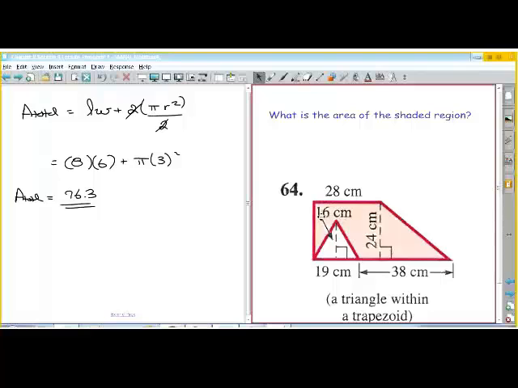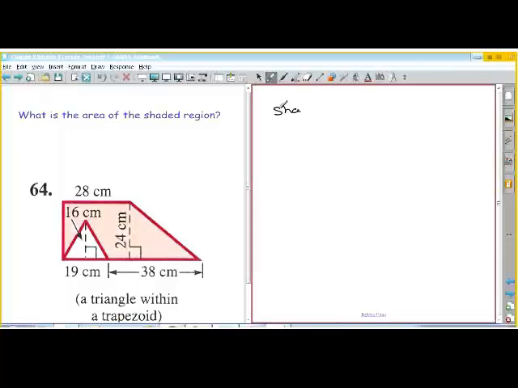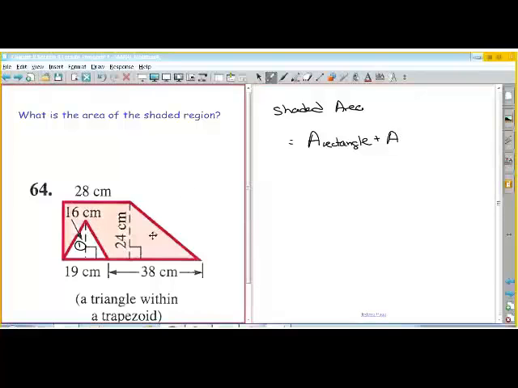You always want to make it made up of the simplest shapes that you can. And sometimes using subtraction is easier than using addition. So what I'm going to do here, I'm going to say the shaded area is going to be equal to the area of the rectangle plus the area of, well, there's 2 triangles.